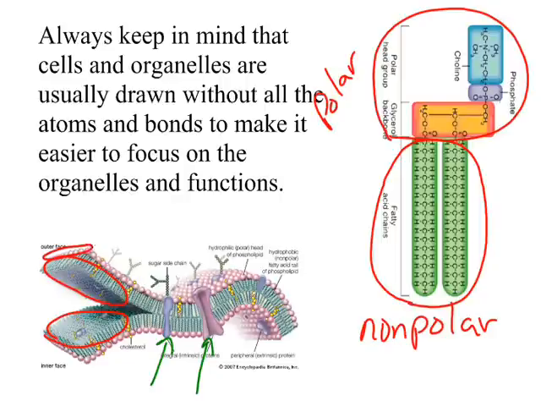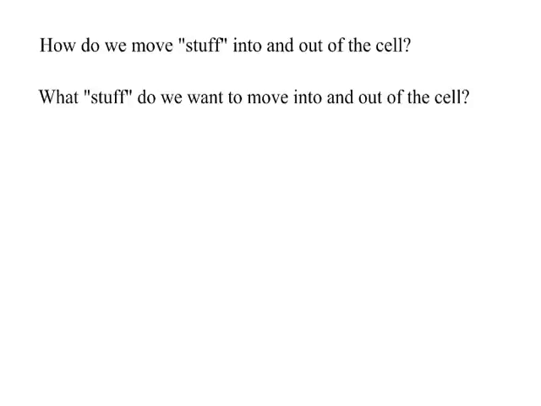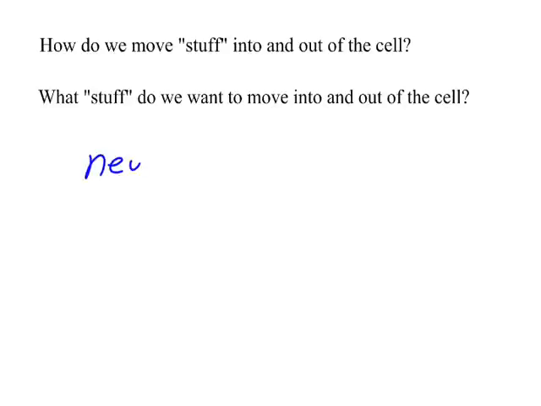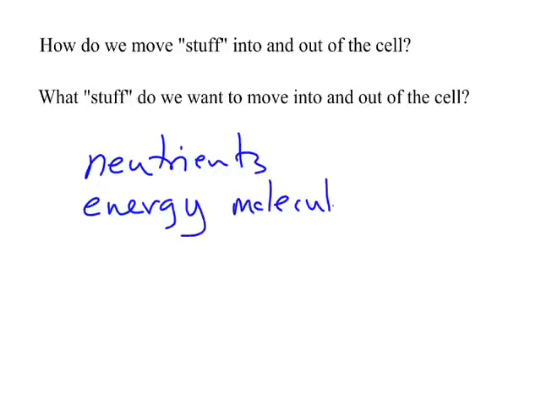All right, so the main question we have then is, how do we move stuff into and out of the cell, and what stuff is there that we want to move into and out of the cell? So we probably have some nutrients that we need to move into the cell, energy molecules, perhaps some proteins that may move into or out of the cells.